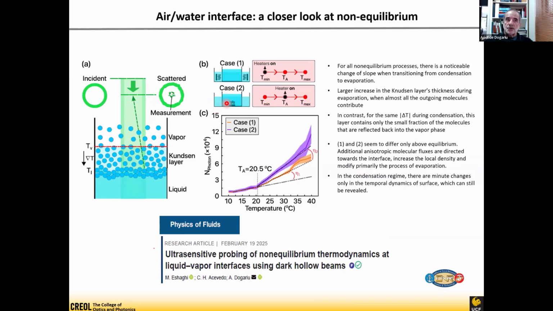In other words, how you actually heat this surface. So between the ability to measure thermal fluctuations at the interface and the ability to discriminate where the actual source of heat lies with respect to that interface, it was something that only this type of probing allowed us to do for the first time.